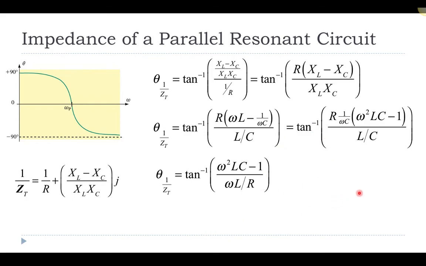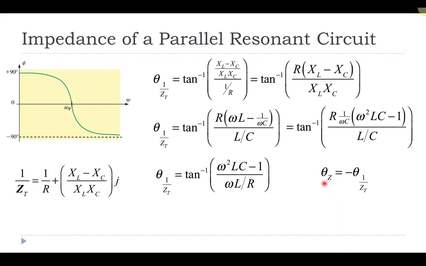And I can do a little bit more manipulating, and I end up getting that the angle for this particular complex number, which is 1 over the impedance value, is the inverse tangent of the angular frequency squared times the inductance capacitance minus 1, over the angular frequency times the inductance over the resistance. Lots of terms here.